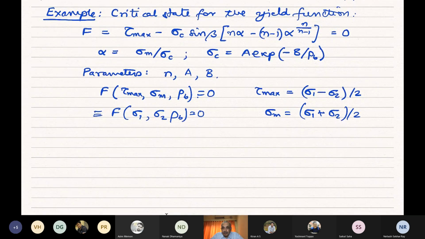Now we'd like to find out what is the critical state.